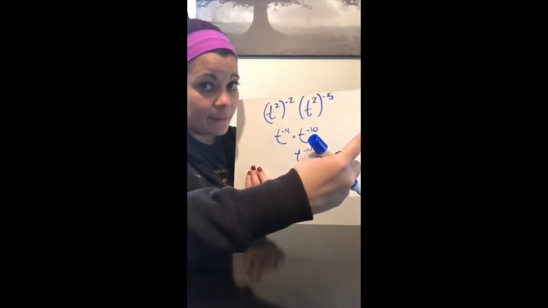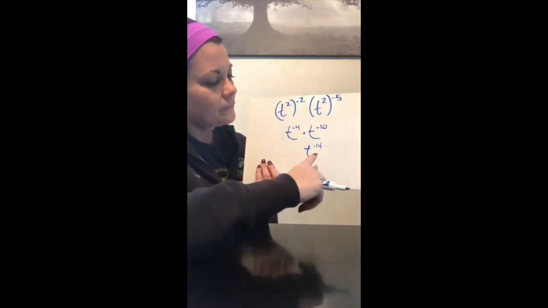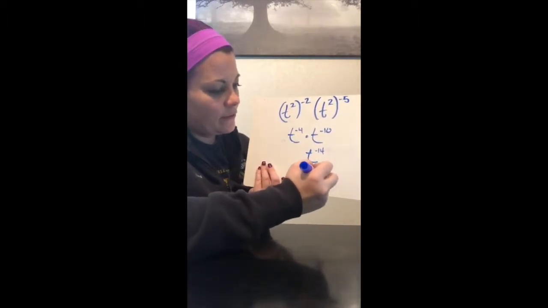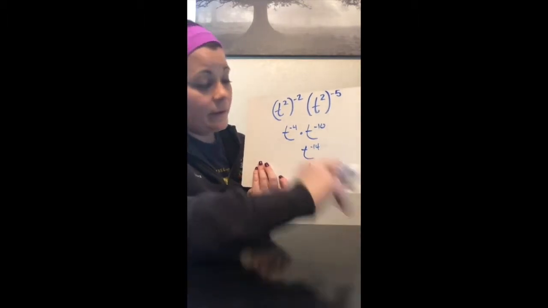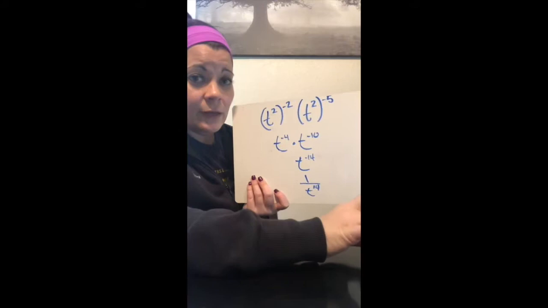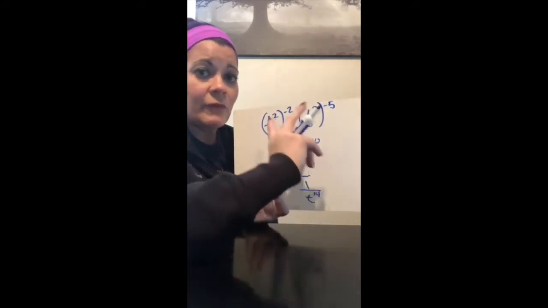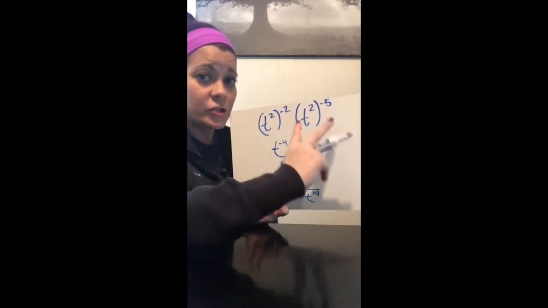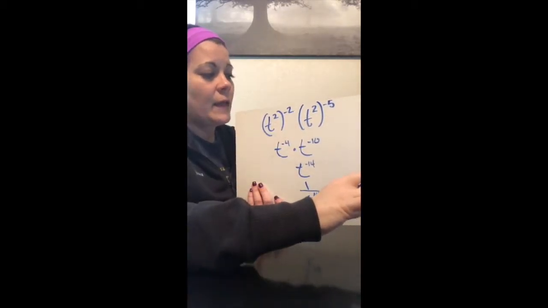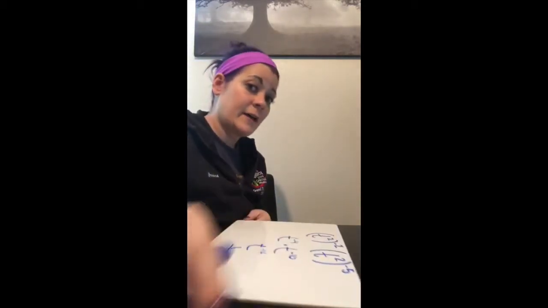And then I can simplify the negative exponent. So then I can do 1 over t to the 14 because it is a negative exponent, so I put it down on bottom. That's the easiest way to solve these problems: when you have an exponent property law first, simplify the exponent property law, and then you can simplify the negative exponent.